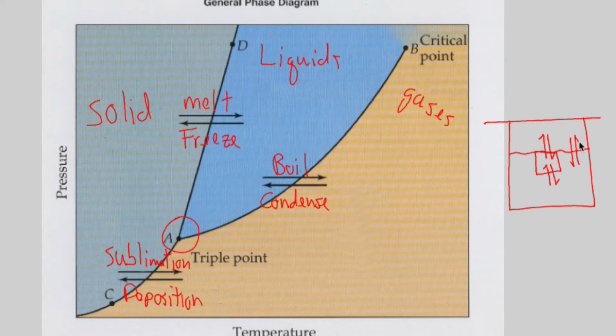Guys, that's what's going on at the triple point. At the triple point, all 3 of these phases are in equilibrium. It's melting and freezing at equilibrium. It is vaporizing and condensing at equilibrium. And it is sublimating and depositing in equilibrium. All three of these things are happening simultaneously.